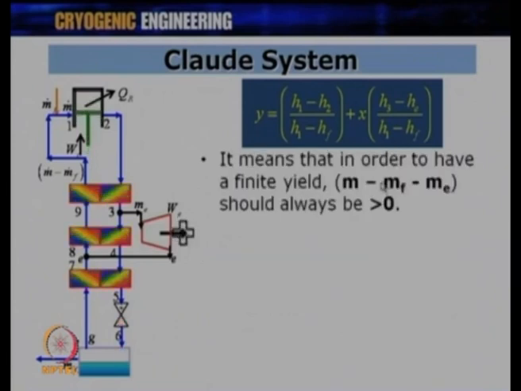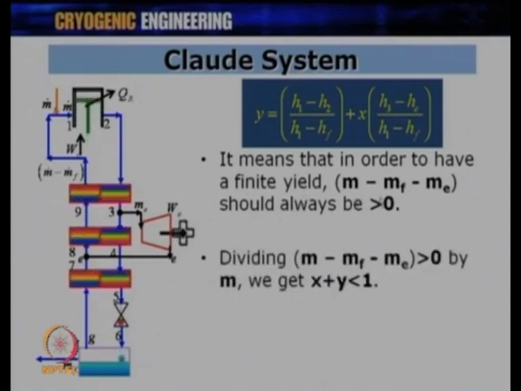So, in order to have a finite value of y at this point, your m minus mf minus me, which is nothing but the return stream at point G, has to be always more than 0. That means it should be some finite value, so that the heat exchangers function.